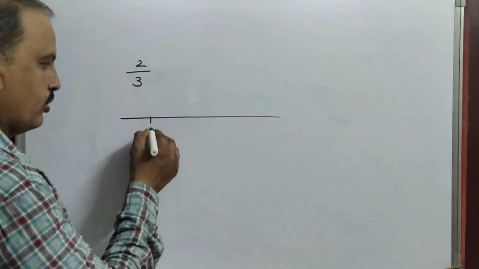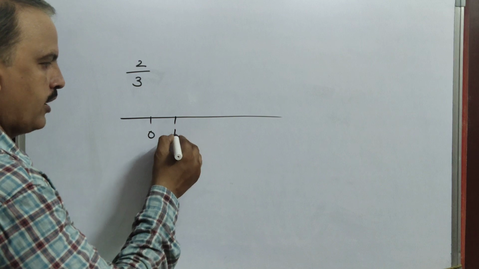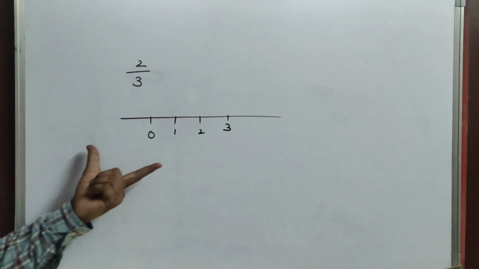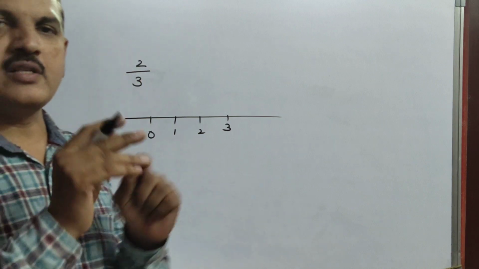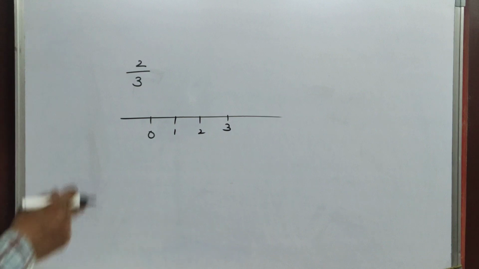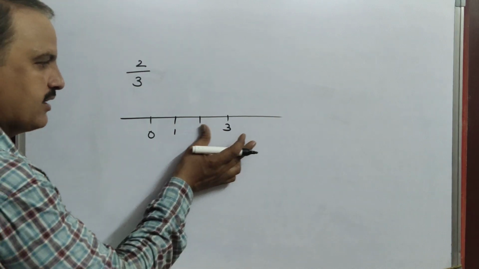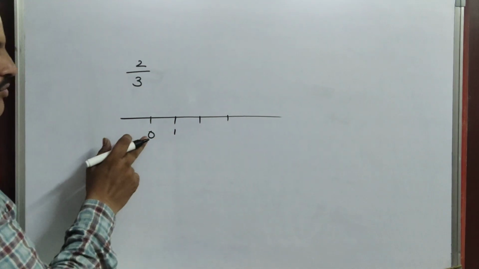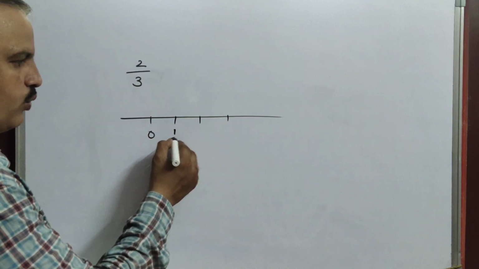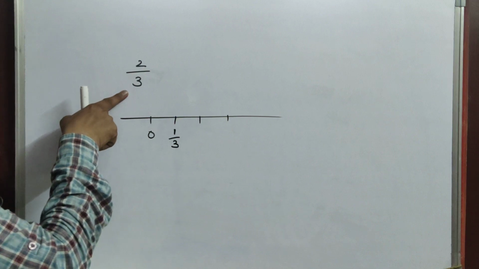Now, 0, 1, 2, 3 like that we did before, how to represent 3, 2 like that. But here, coming to fractions like 2 by 3, there, no? So write here first 0, 1, okay, 1 by 3, because here the denominator is 3, no?